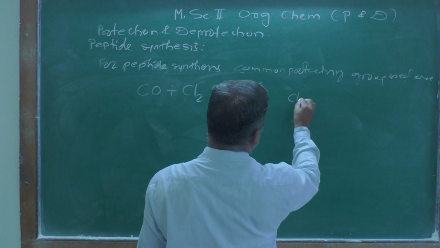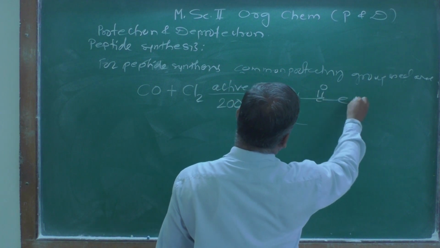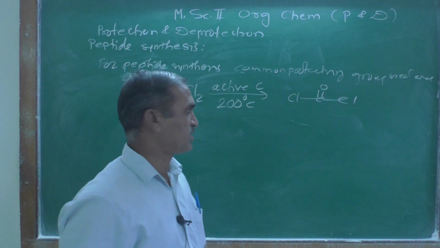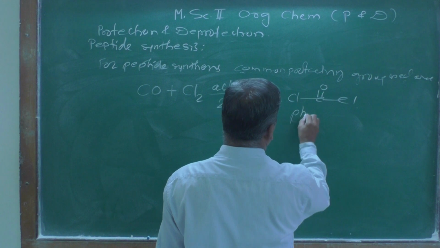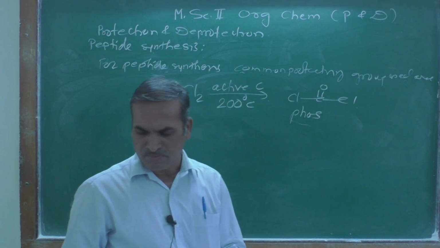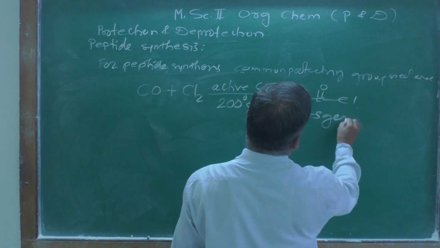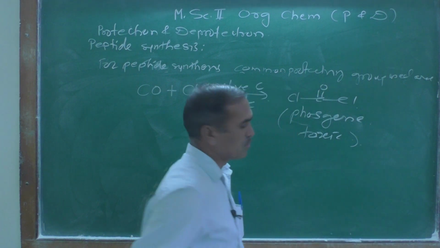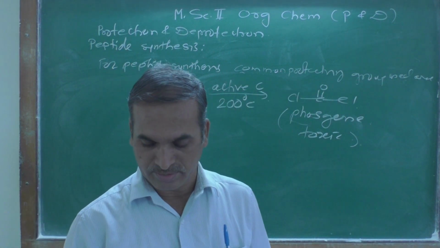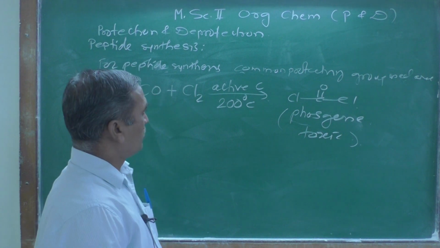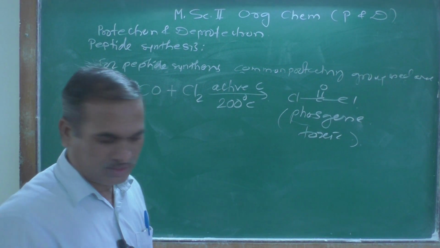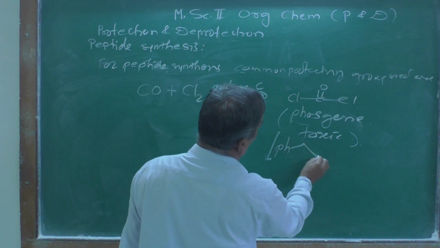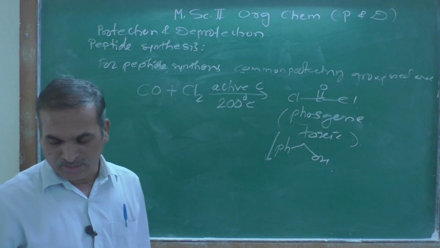The product formed is C double bond O Cl2, the name of which is phosgene, which is very toxic in nature, but it is used for protection of the amino group. When it is treated with this phosgene, further treated with benzyl alcohol, the resulting compound is obtained.